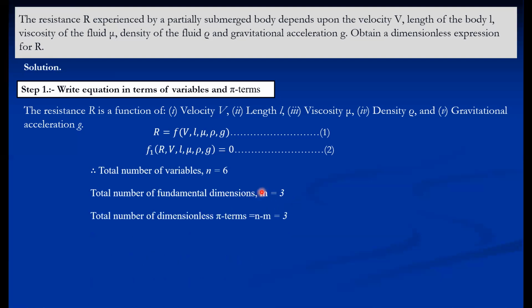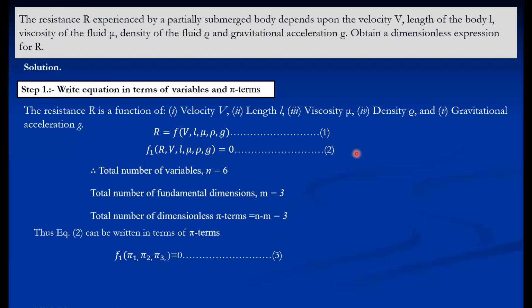Thus the number of dimensionless pi terms is n minus m, that is 6 minus 3, which is equal to 3. Then equation 2 can be written in terms of pi terms. There are 3 pi terms: F1 is a function of pi 1, pi 2, pi 3, that is equal to 0.